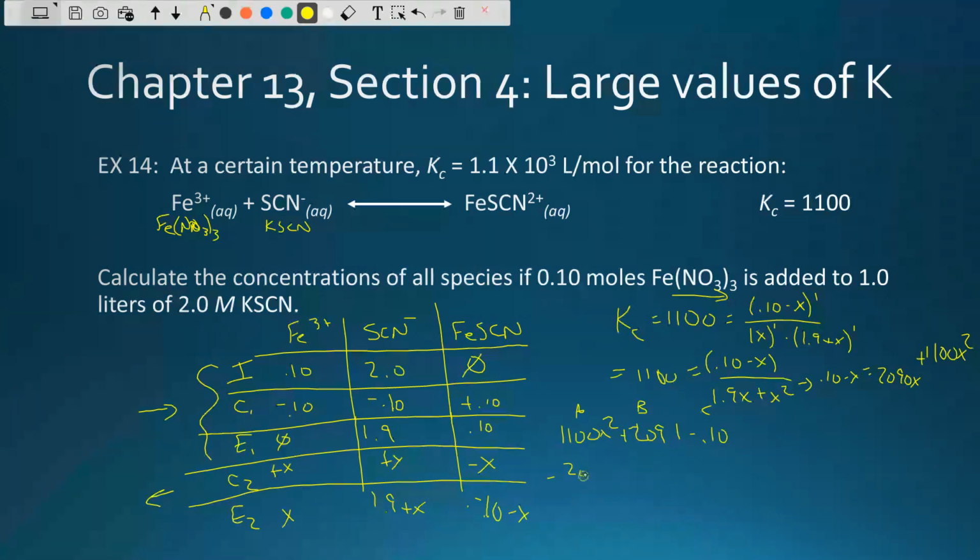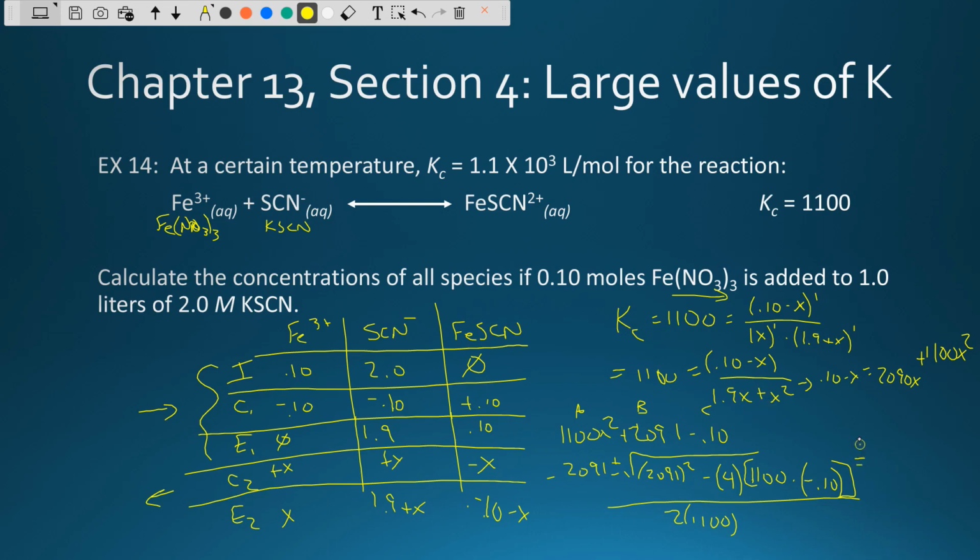So negative 2091 plus or minus the square root of 2091 squared minus 4 times my 1100 times negative 0.10, all over 2 times 1100.